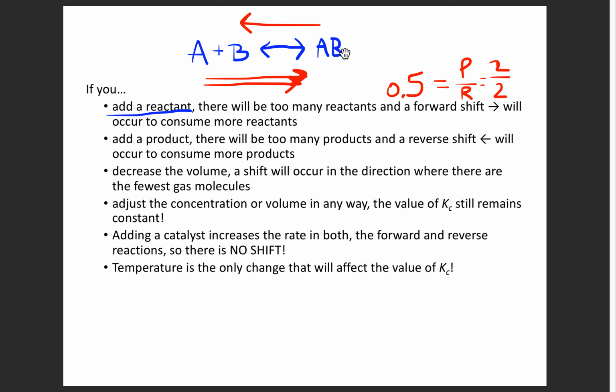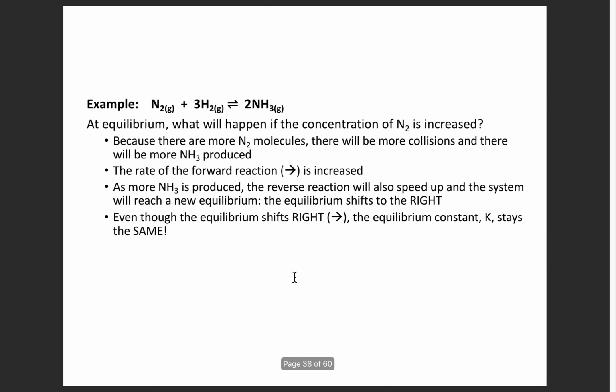That's too much. So what's going to have to happen? The reaction is going to have to shift in this direction again to use up some of those products, to bring this number down and bring that number back up in order to create 0.5 again. And that's the general idea behind why these reactions shift. Okay, let's move on.